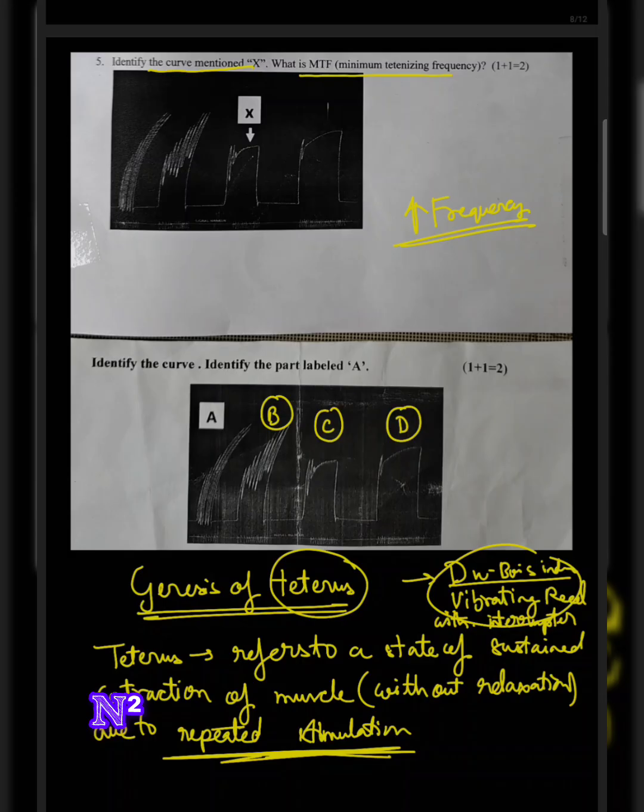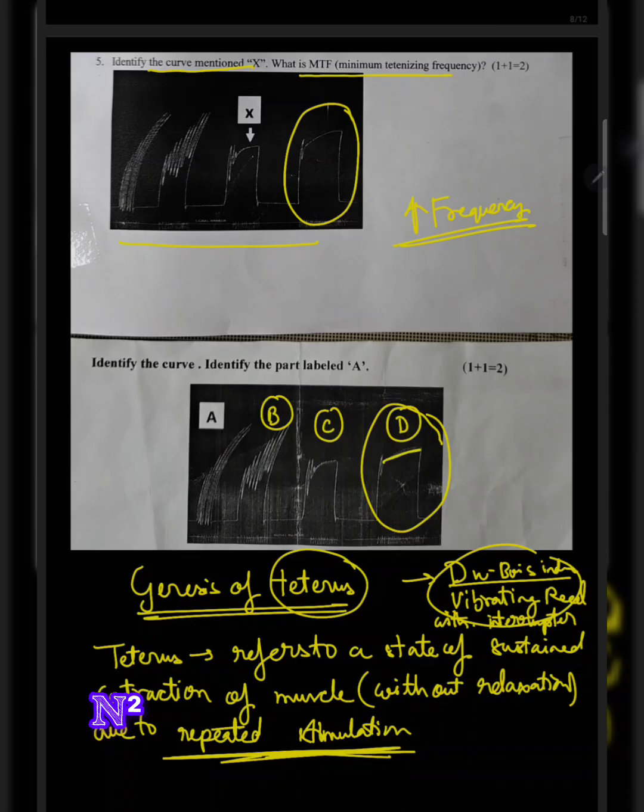If the frequency of stimulation is lesser than that, you might not be able to achieve that tetanus. By the way, in this whole experiment, the tetanus is only this part. Only the D curve is showing you tetanus. The rest are curves which are not showing tetanus, because in tetanus there has to be sustained contraction.